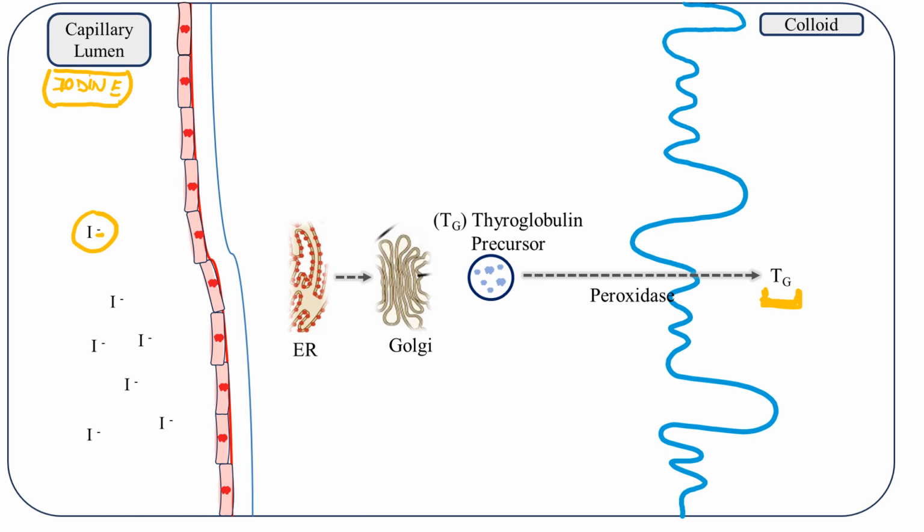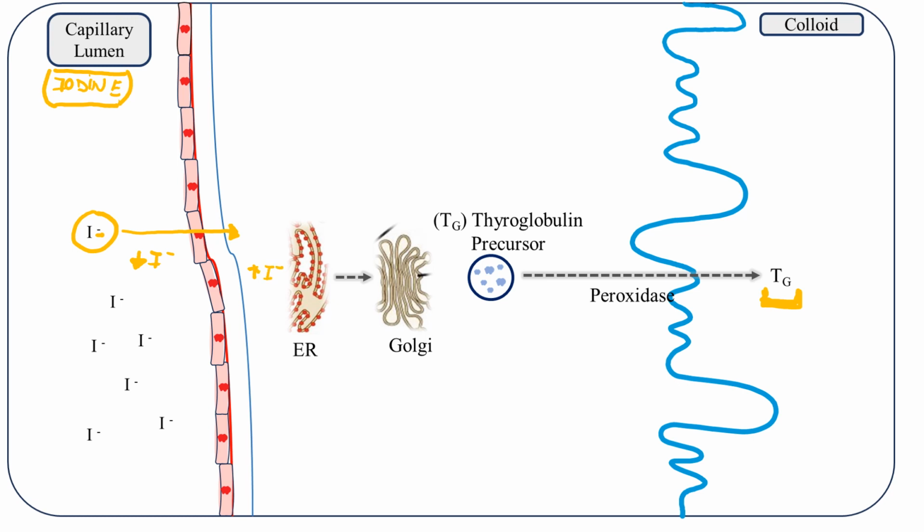Now this iodide would require to go inside the thyroid follicle cell, correct? How does it do that? So what we need to understand is that the iodide concentration is less inside the blood as compared to the thyroid follicle, correct?